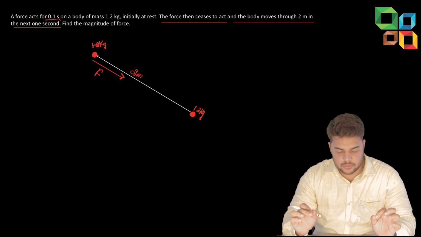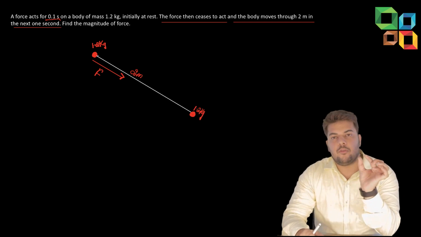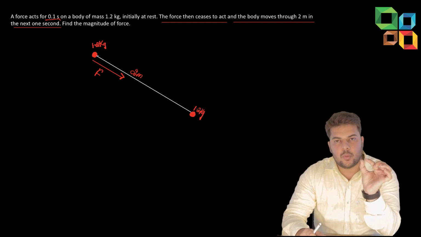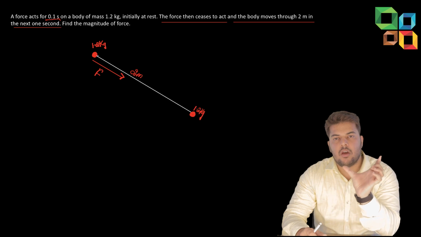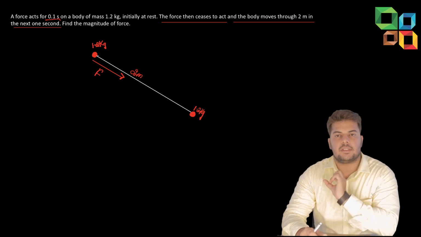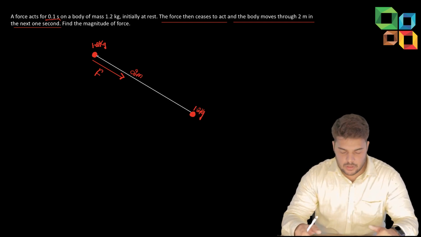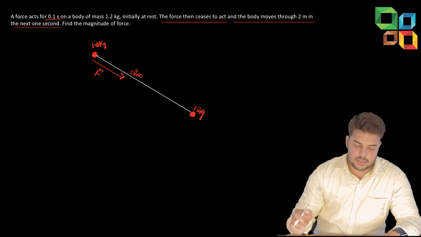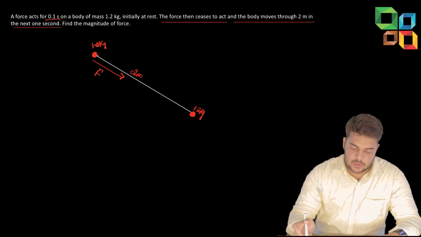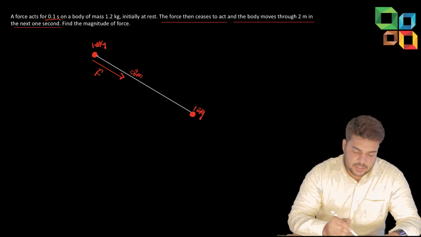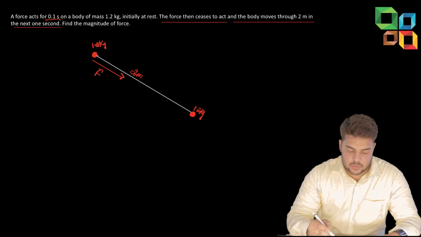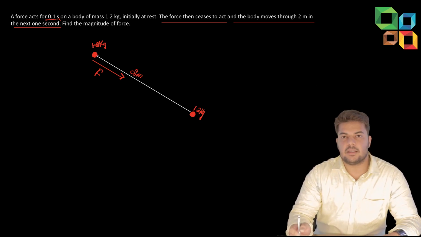So for the small duration of 0.1 seconds, the body changes its velocity, but after that it continues to move with the constant velocity that it has acquired in that 0.1 seconds. So let's see what happens over here. They have told us that in the next 1 second, the body moves 2 meters, isn't it?